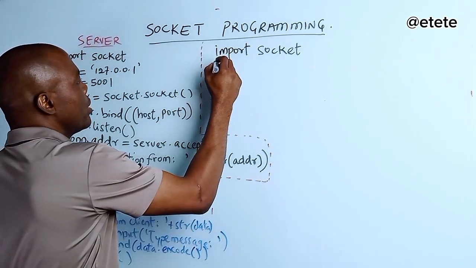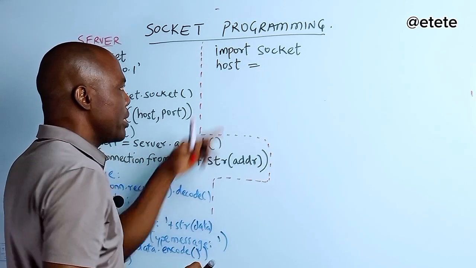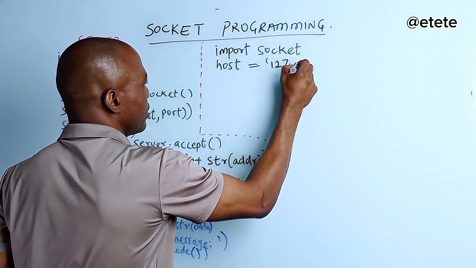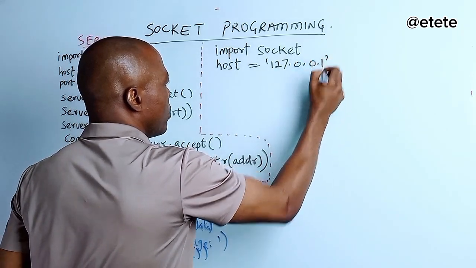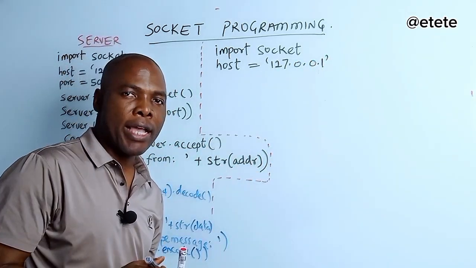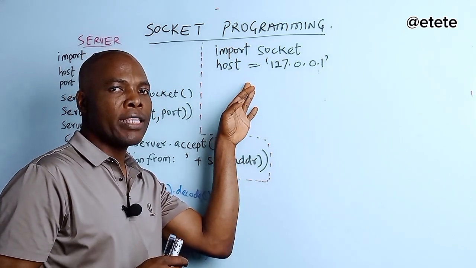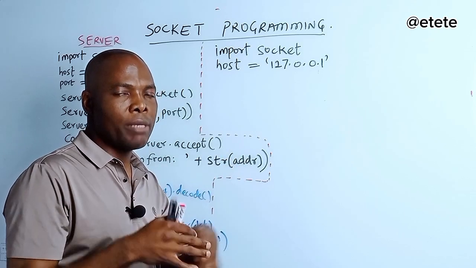Then we are going to create the host, which is what you are seeing on the board too: 127.0.0.1. This is a loopback IP address telling you that this client is communicating with the server on the same device.